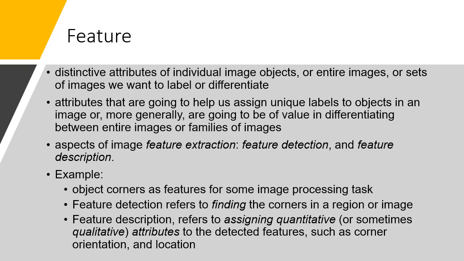Feature detection refers to finding the corners in a region or an image, whereas feature description refers to assigning quantitative and sometimes qualitative attributes to the detected features, such as corner orientations, locations, and attributes that describe the characteristics of the corner itself. So feature detection is normally the prerequisite for feature description.